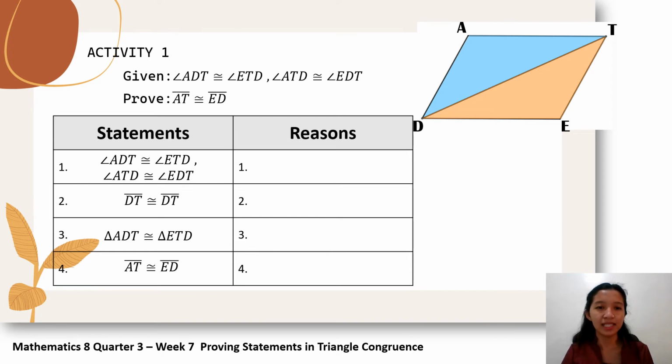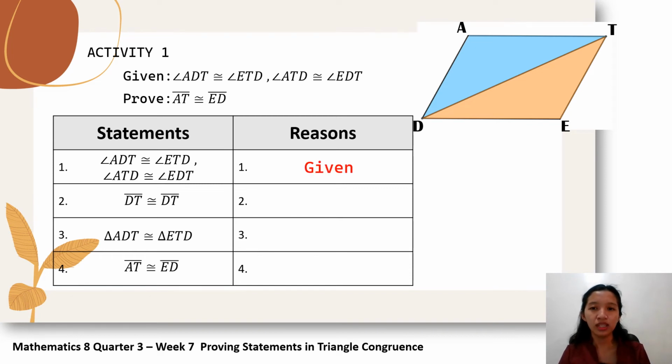What we need to prove is that line AT is congruent to line ED. We already have our statements here. Always remember, if the first statement is our given, then our reason for that is given.